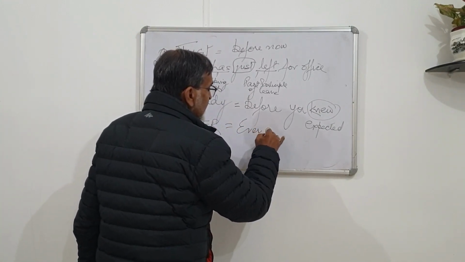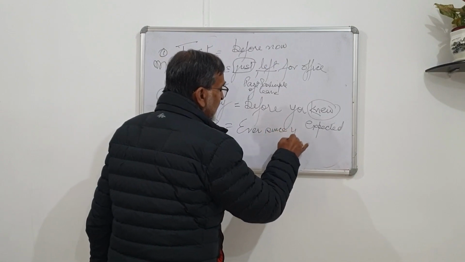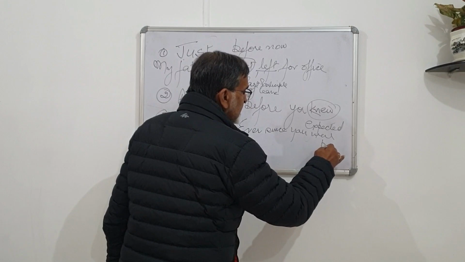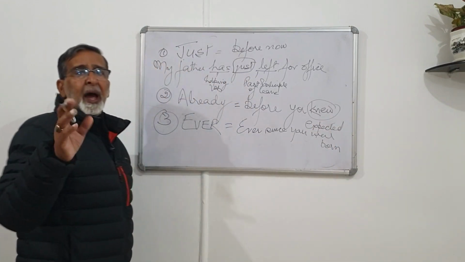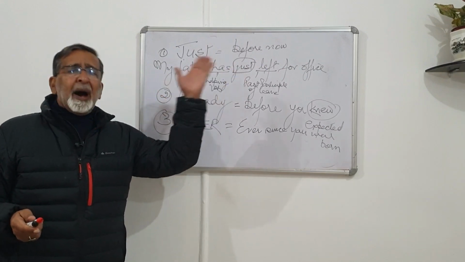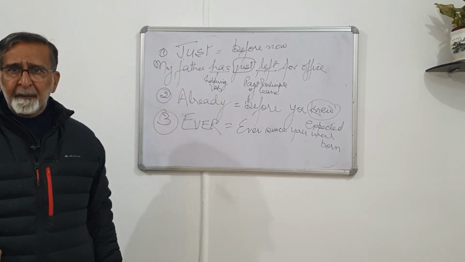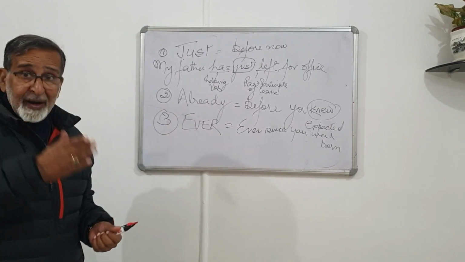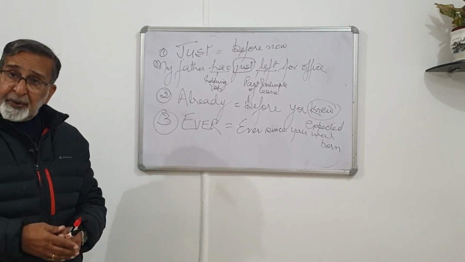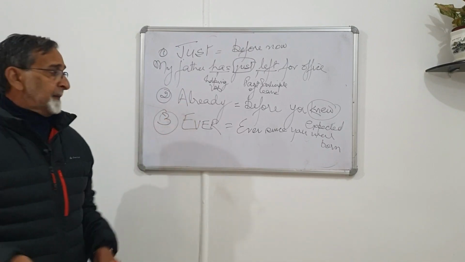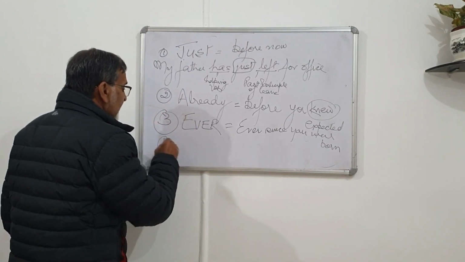Ever since you were born or something happened. Have you ever been abroad? क्या जिंदगी में कभी भी बाहर विदेश गए हो आप? So this tells you ever. Now have you ever, have लग गया, been verb past participle लग गया, तो आपके sentences उस तरह से बनते हैं.